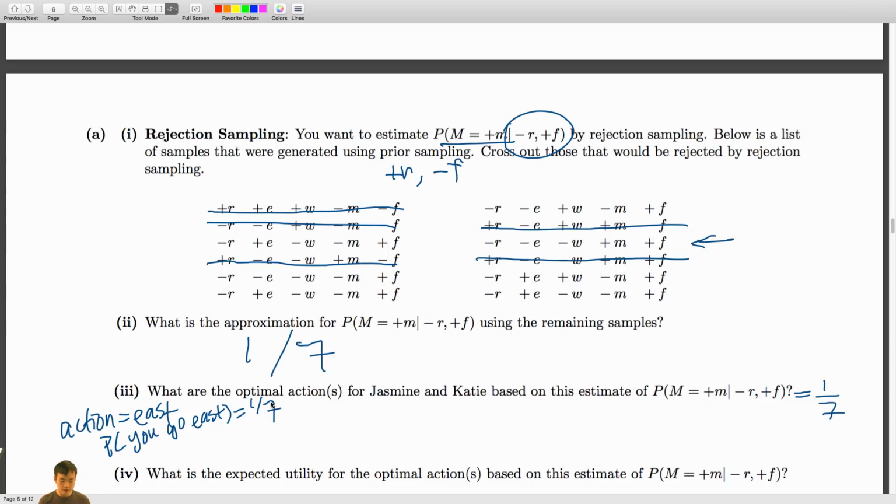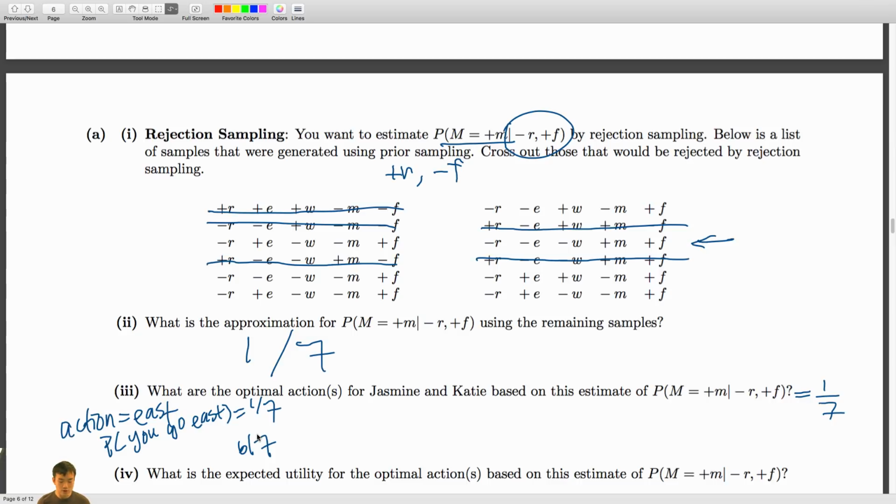If you don't go east, there's a 6/7 chance that you go somewhere else. So for each of the other states, there's a 2/7 chance that you end up in each of those states. You could end up in south, north, or west with a 2/7 chance. So note for this question that the chance that you actually go in a direction is less if you directly want to go there by taking the action corresponding to that direction.